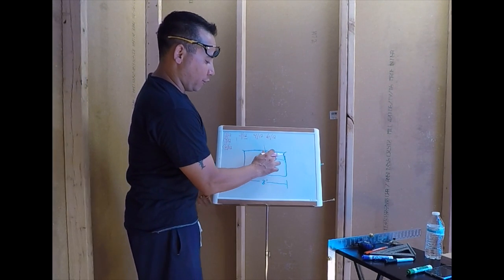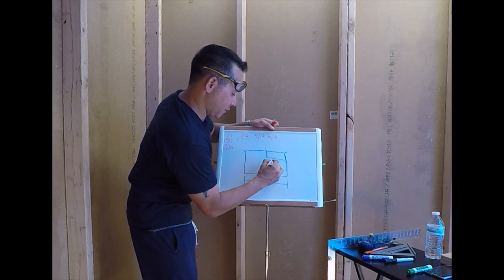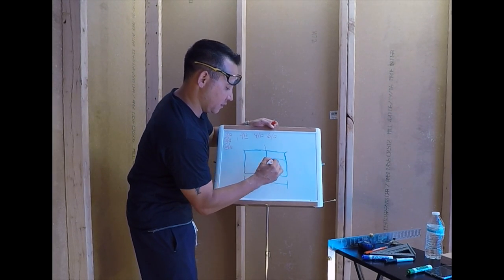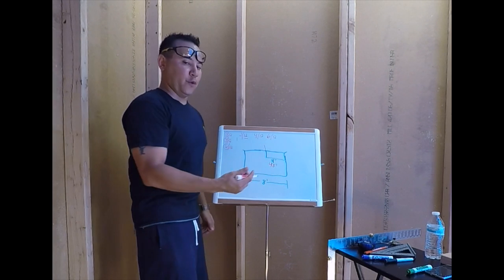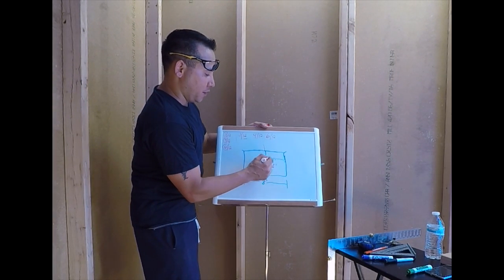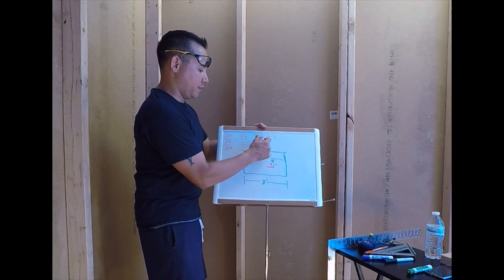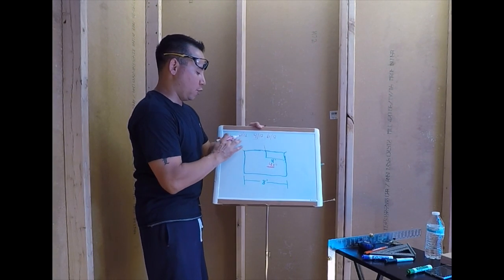So, 4 feet, we have 48 inches. 48 inches is 4 feet. You don't have to really worry about this number so much. Let's say we're going to do a 4/12 pitch roof. We're going to concentrate on a 4/12 right now.